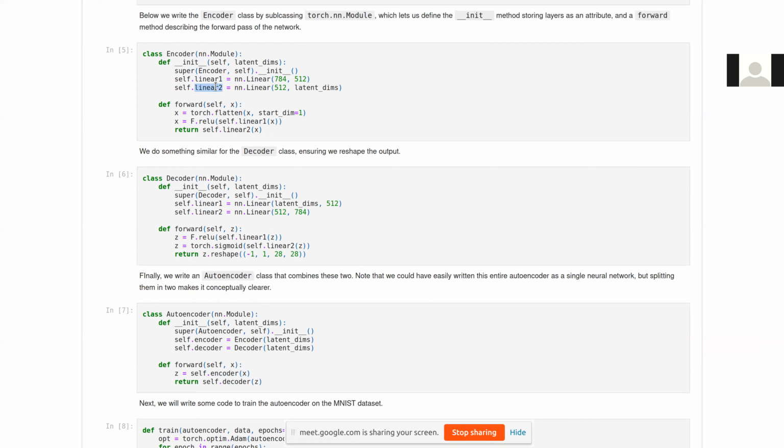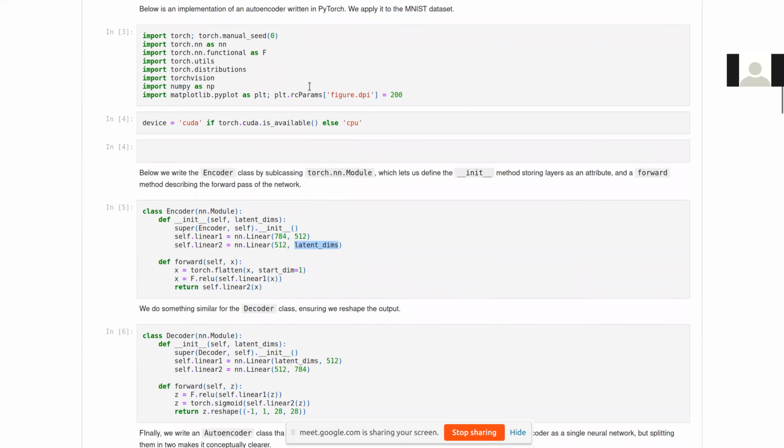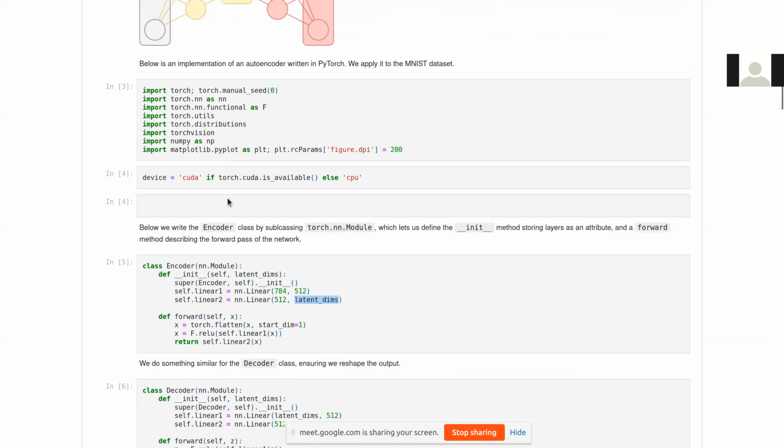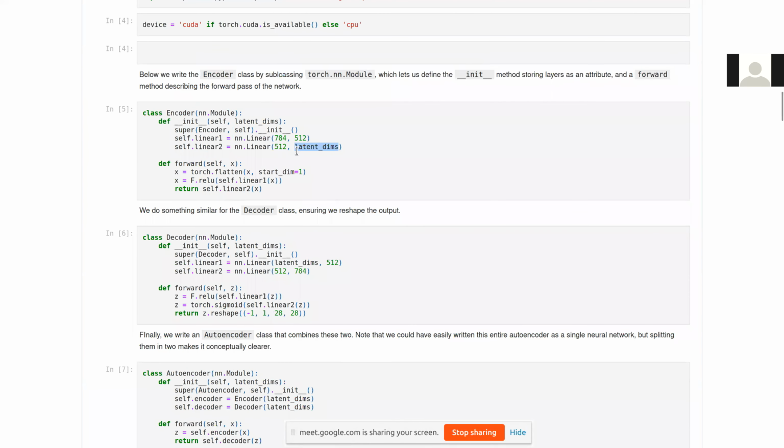And then we have another linear layer, which is connecting this 512 dimension output to some latent dimensional output. Okay? And this latent dimension is the size of the vector Z. Okay, and we can parameterize this. So we can try different sizes of this dimensionality.